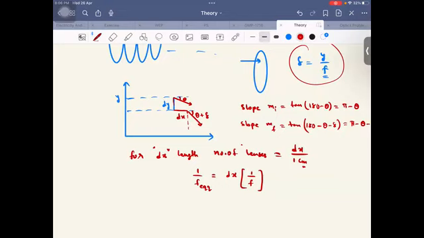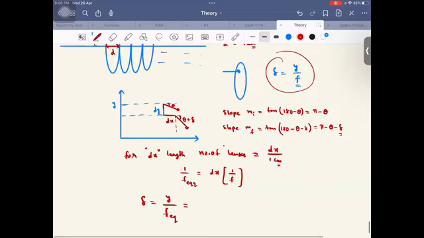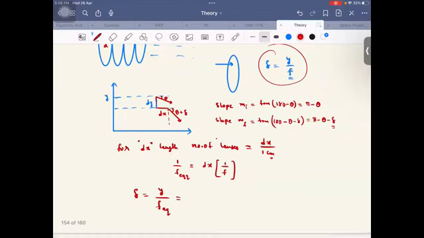Can you guys tell me what you're going to get here? Deviation, which is y by f equivalent. What is the value I'm going to get? 1 by f equivalent is dx by f. So I'm going to get y into dx by f.